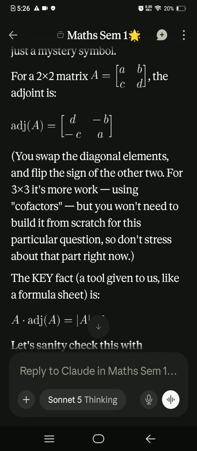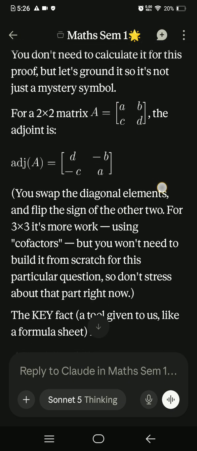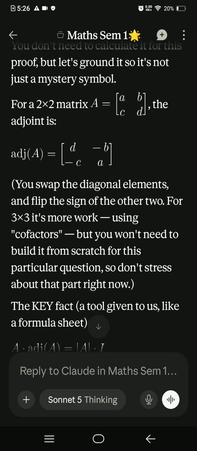You swap the diagonal elements and flip the sign. These are still B and C. The non-diagonal elements, their sign gets flipped, and the diagonal elements get swapped. So you swap the diagonal elements and flip the signs of the other two.